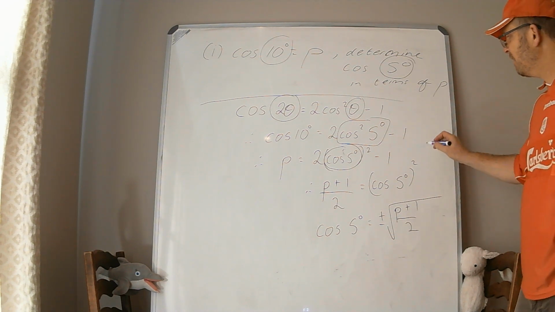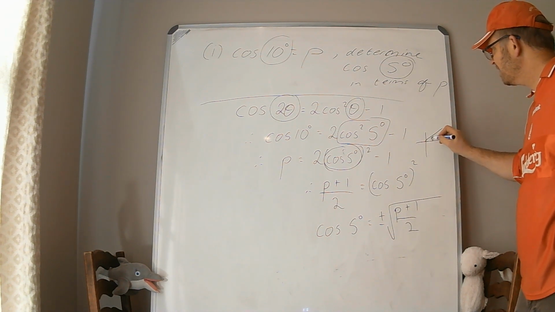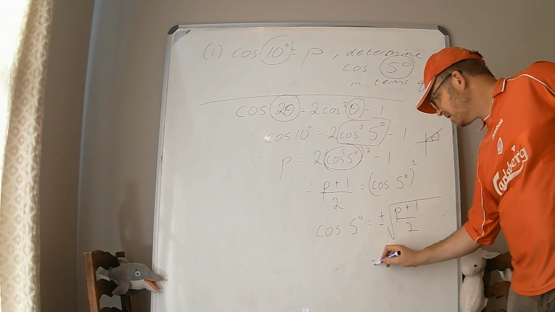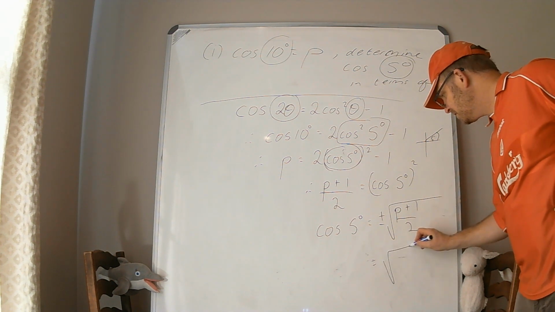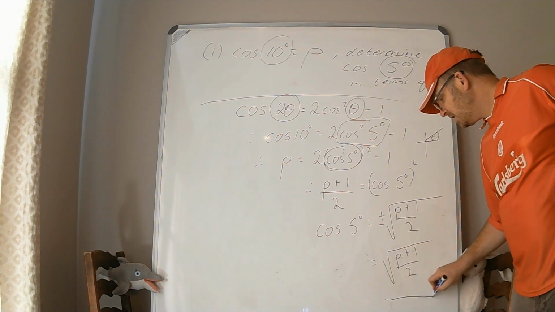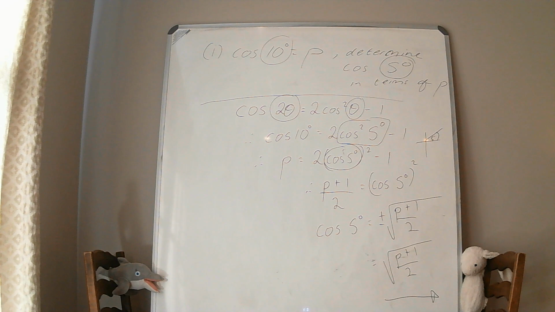Okay, but 5 degrees we know is over here. So cos is going to be positive, it's in quadrant 1. So cos of 5 is equal to the square root of P plus 1 over 2. Miss Lapo, give yourself a pat on the back. The rest of you get that done.